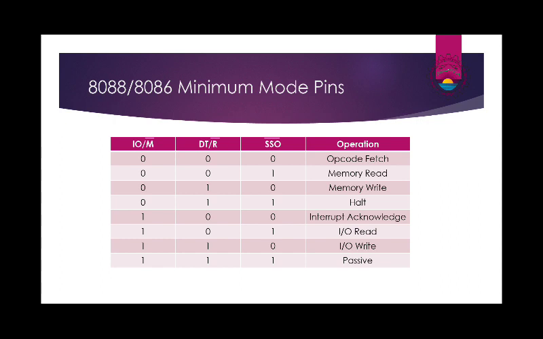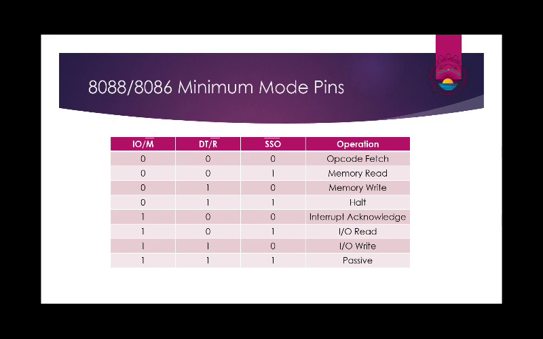In case of showing passive state of microprocessor, SS naught bar is 1. Remaining two entries IO slash M bar and DT slash R bar are same for IO write and passive. Both are 1 1. Detailed timing diagrams for these 6 bus cycles will be shown in next lecture.